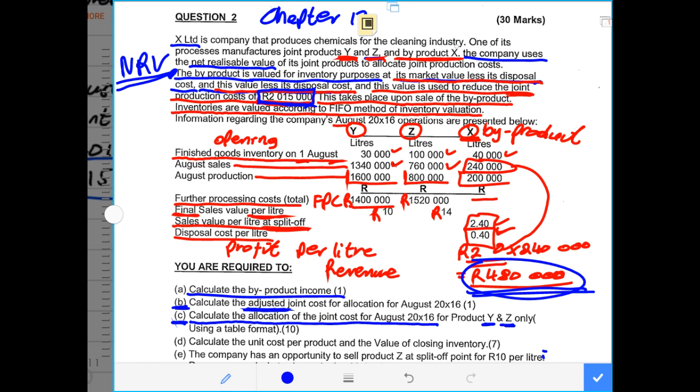Because product X is a byproduct, therefore we are not allowed to allocate joint cost into a byproduct. We only were instructed to take the revenue received from the sales of the byproduct and reduce our joint cost by that, and we did that exactly as they instructed us.